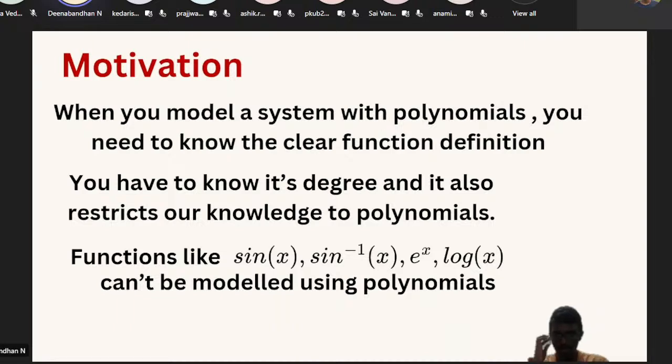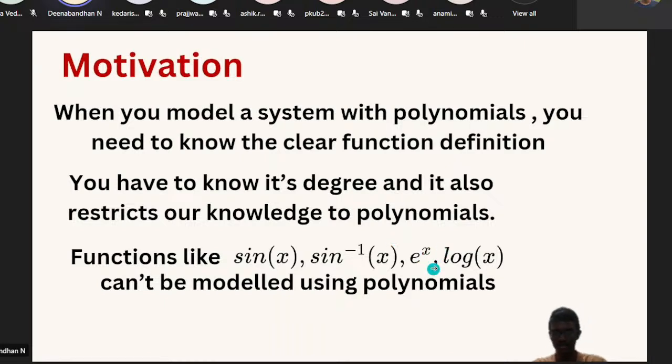And if you know its degree, it also restricts our knowledge to only polynomials. Functions like sin x, sin inverse x, e power x, log x are the important things while modeling systems, right? Modeling systems, in the sense, just think of it as you have to represent how population changes, stuff like that. And e power x is what we always use, but polynomials are completely restricted.